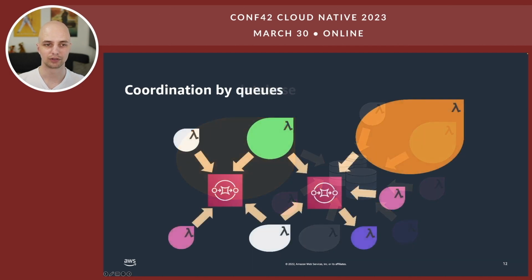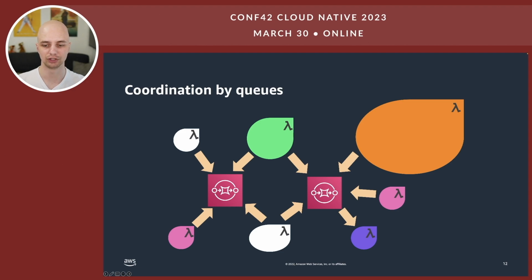What also could work is the coordination by queues, which is another approach to pass your state and control it through queues or streams. Once again, this involves lots of bookkeeping. The function that reads the queue gets a failure, and you need to catch and rewrite the state back into the queue. And if you want a timeout or retry, then you're going to have to do that yourself.